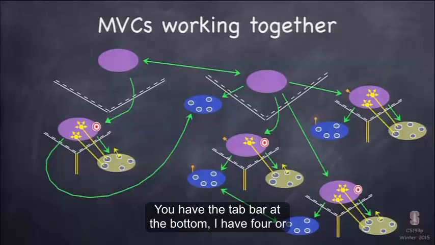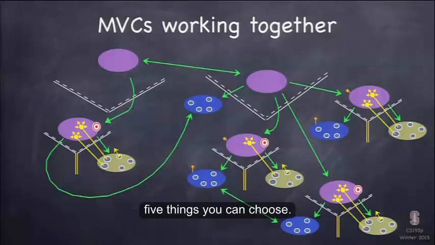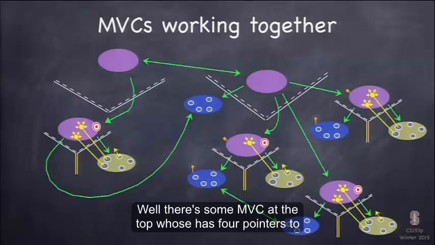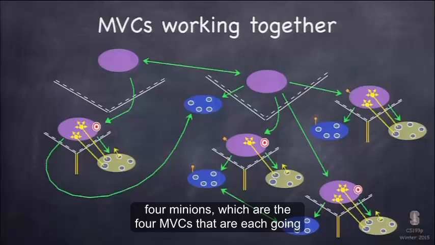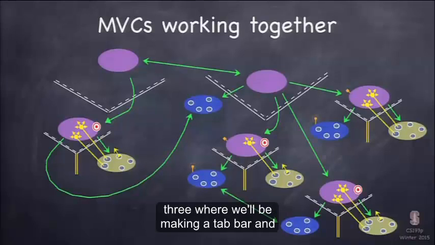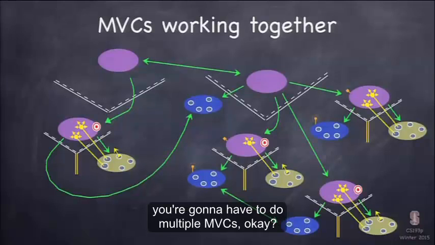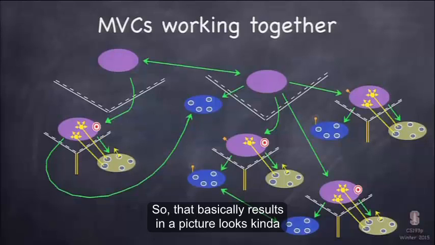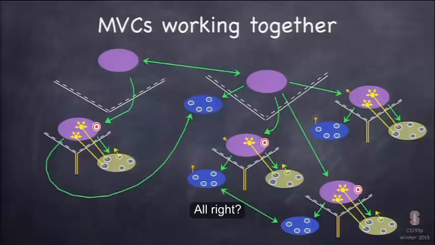The tab bar at the bottom might have 4 or 5 things you can choose. Well, there's some MVC at the top that has 4 pointers to 4 minions, which are the 4 MVCs that are each going to appear in a tab bar. Okay? And we'll be doing that, for example, in assignment number 2 or 3, where we'll be making a tab bar, and you're going to have to do multiple MVCs. Okay? So that basically results in a picture that looks kind of like this. All right?